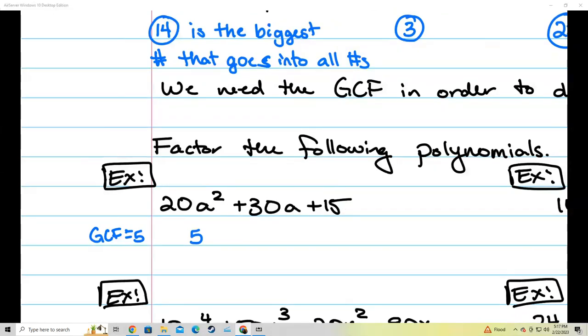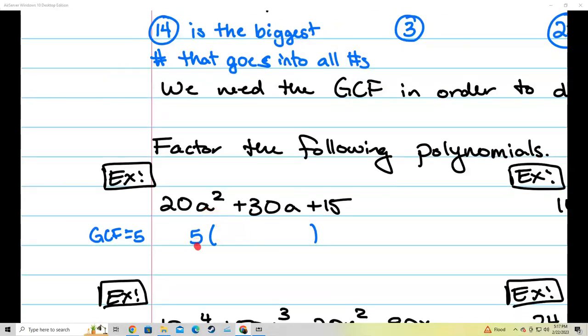Now, if we're going to factor out the 5, basically what I need to do is multiply that 5 back in so that I can get this answer right back. That is to say, if I were to pull out a 5, how would I get this 20a squared right back? 5 times what is going to give me that 20a squared?